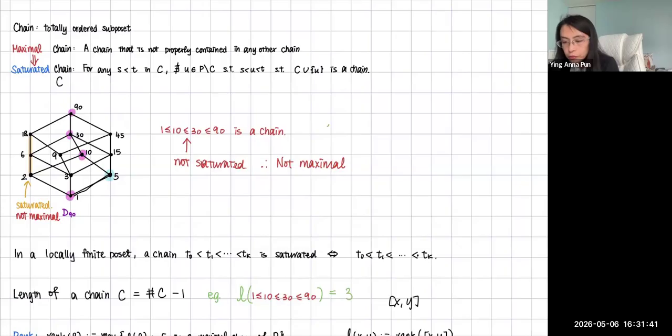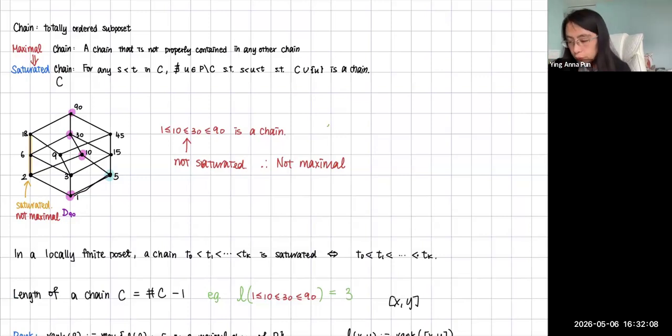However, this is not saturated because you can actually make it bigger. You can just squeeze in a 5 and still make it one single path. So a chain doesn't mean that they have to be consecutive elements on your route, as long as they are in one single route. But they are not saturated. Saturated means that from the start to finish, you have to include every single location.